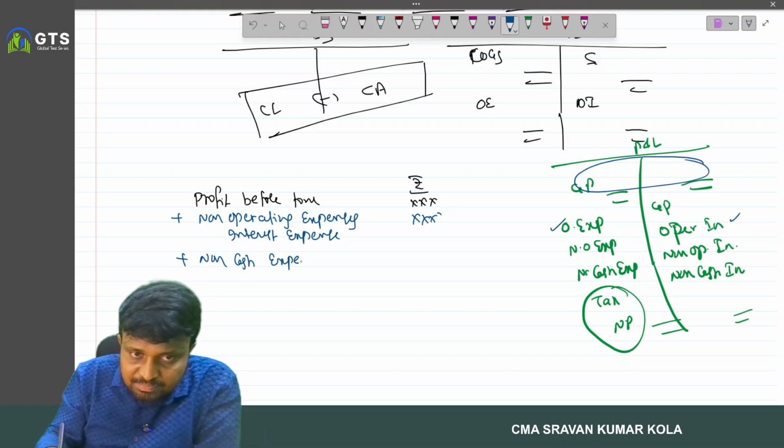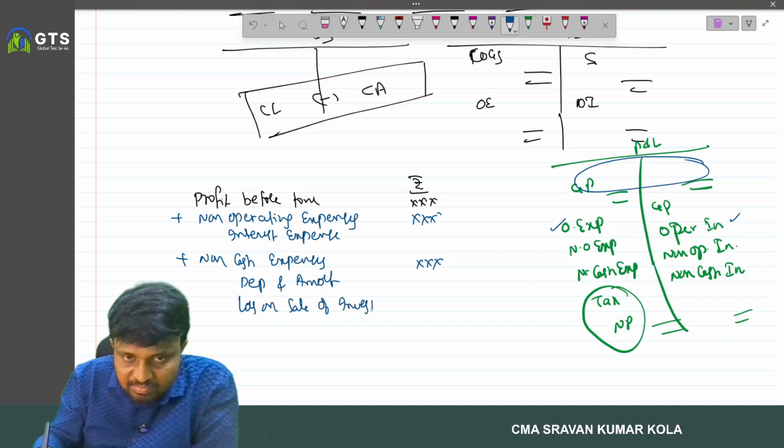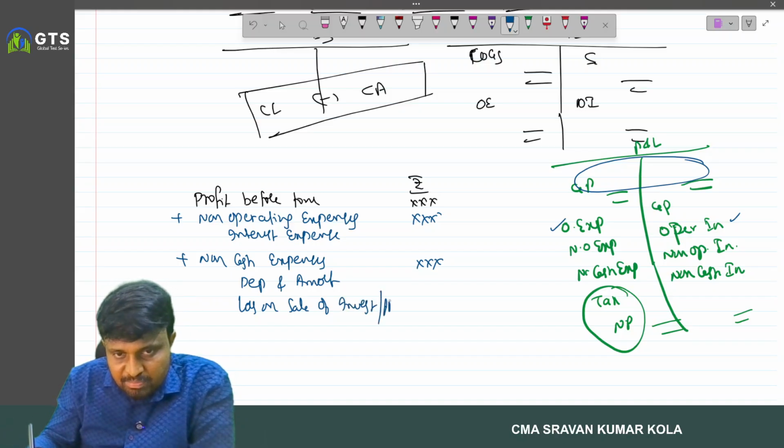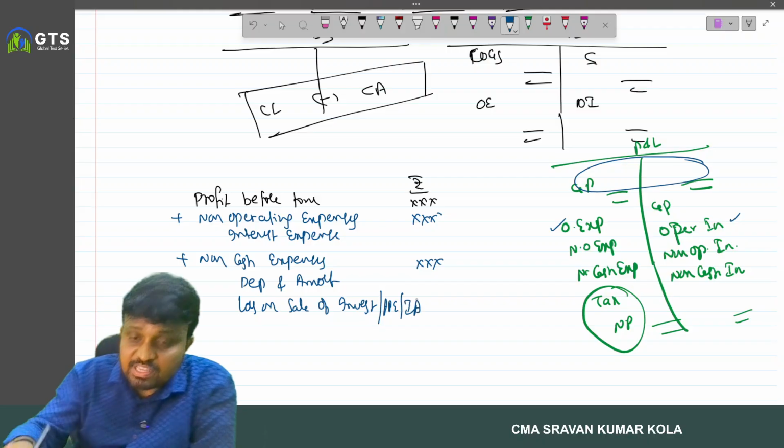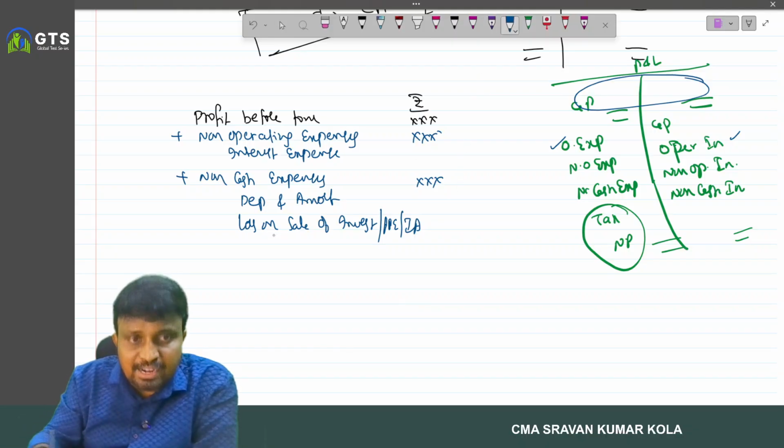And another one, non-cash expenses. We have to add them back, like depreciation, amortization, if any, and loss on sale of investment, PPE or intangible assets. Those are required to be added back.